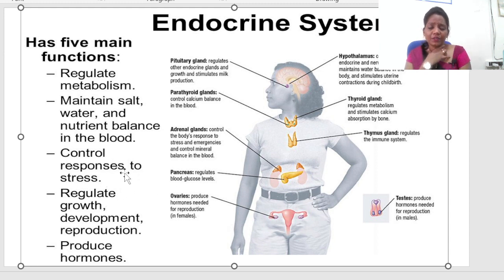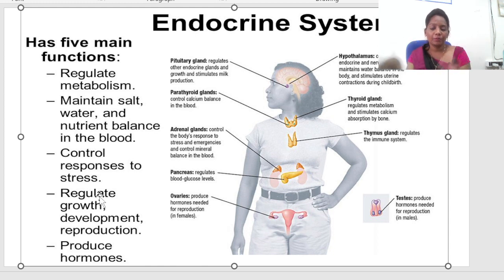Next, it controls the response to stress. As I mentioned, epinephrine and norepinephrine are released from the adrenal medulla and help maintain the fight or flight response. It also regulates growth, development and reproduction, and produces some hormones.